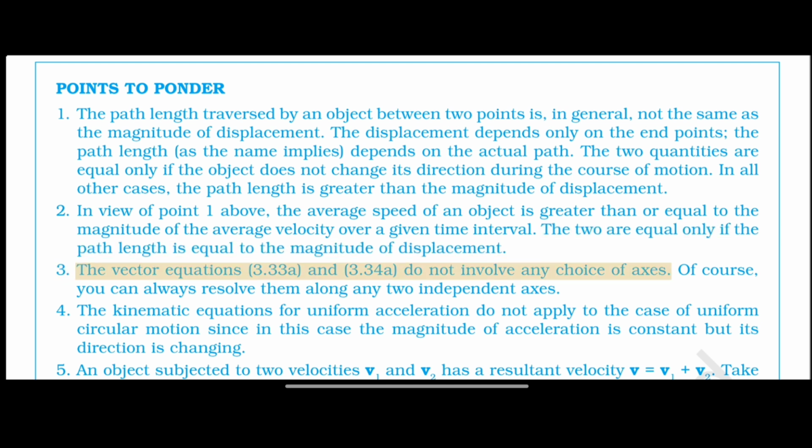The vector equations 3.33a and 3.34a do not involve any choice of axes. Of course, you can always resolve them along any two independent axes. 4. The kinematic equations for uniform acceleration do not apply to the case of uniform circular motion, since in this case the magnitude of acceleration is constant but its direction is changing.